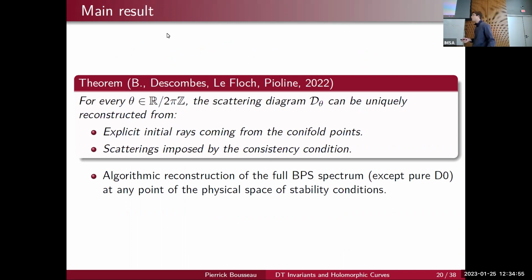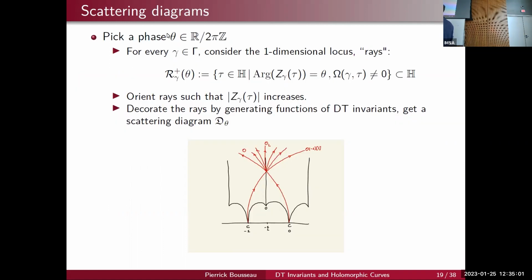And here, the theorem, joint work with Descombes, Floch, and Pioline, is that in this example, for every theta, you can describe this scattering diagram D theta in an explicit way. Here I describe it assuming that you know all the DT invariants, but somebody wants to compute or describe DT invariants.